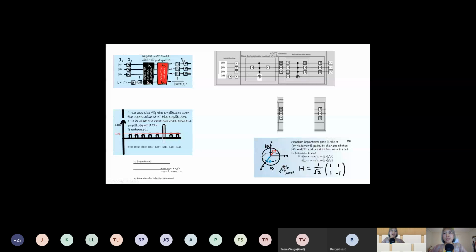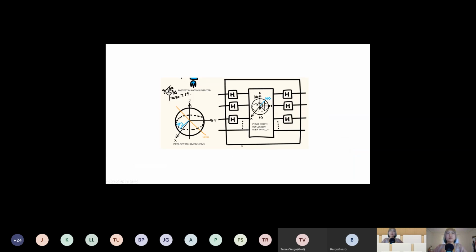And in effect, it is also flipping your states around the mean if you have two H gates around both sides of whatever is in here. And I will show you a little bit more about this when we do the coding. Oh, actually, I do have this slide coming up. Yeah, let me show this then.